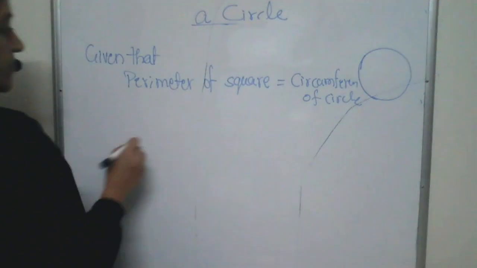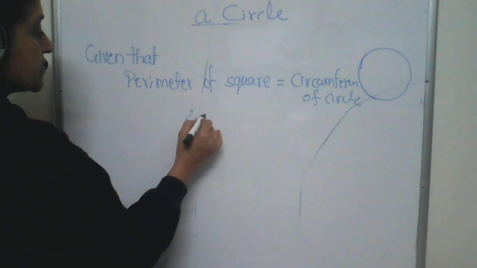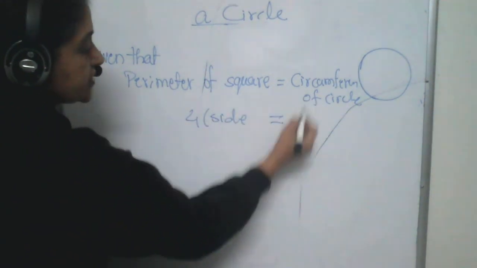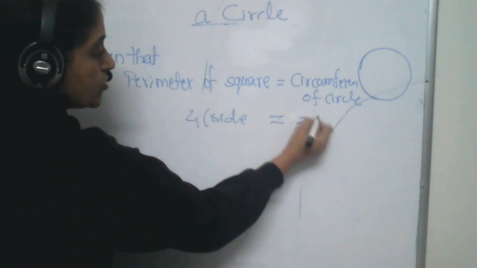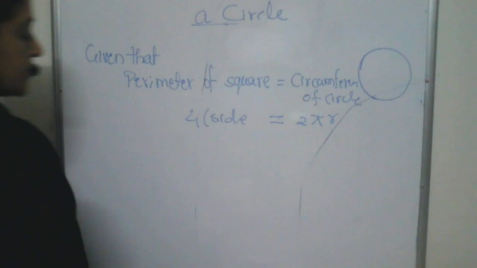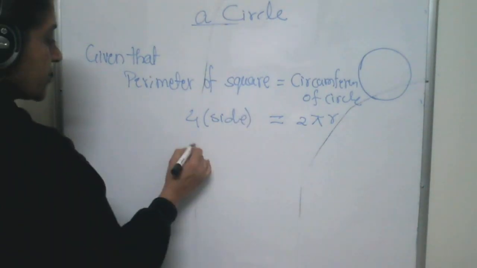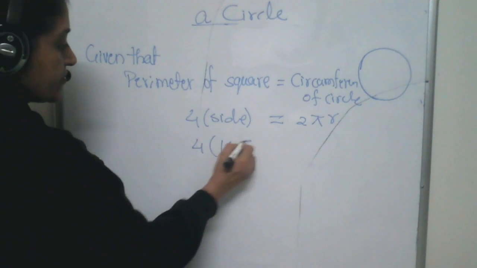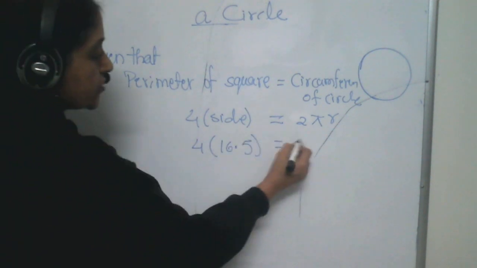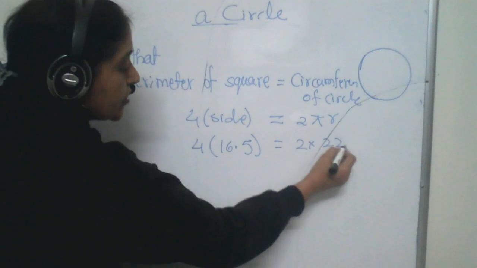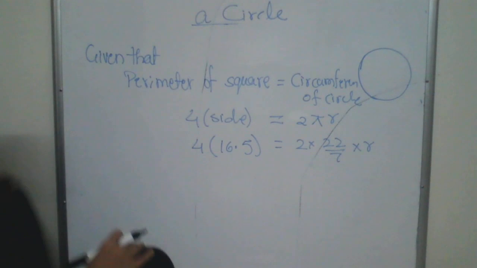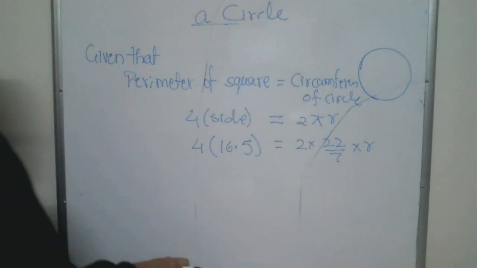Okay, what is the perimeter of square? 4 times side is equal to, what is circumference? 2 pi r. Now side is what we got as 16.5, so 4 into 16.5 is equal to 2 into 22 upon 7 into r. Once we get the radius, we can definitely find the area.